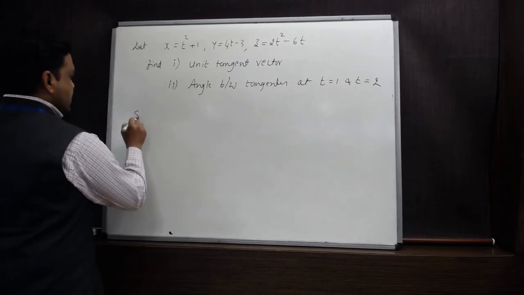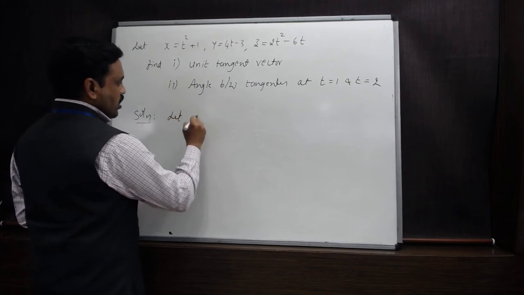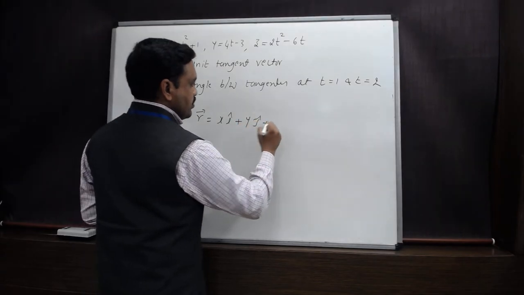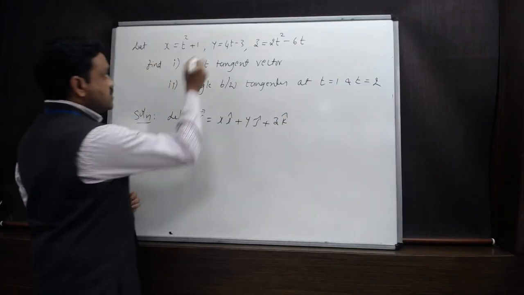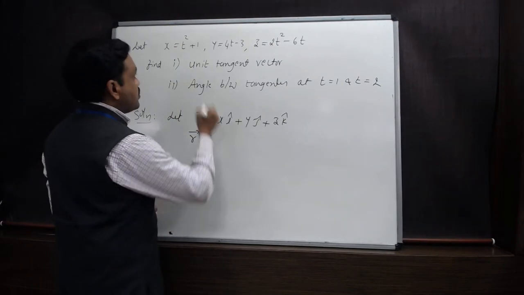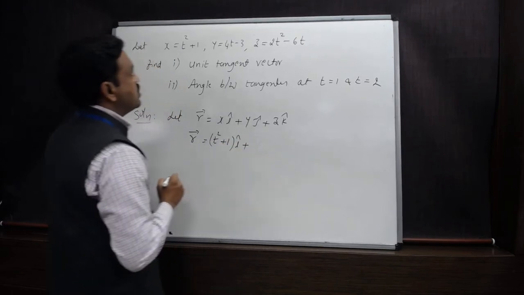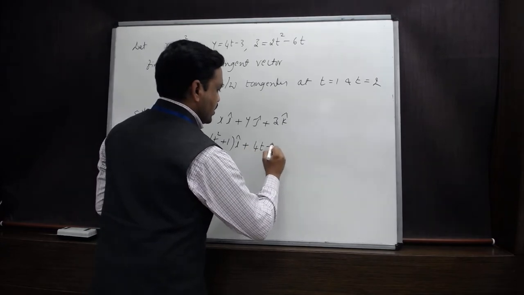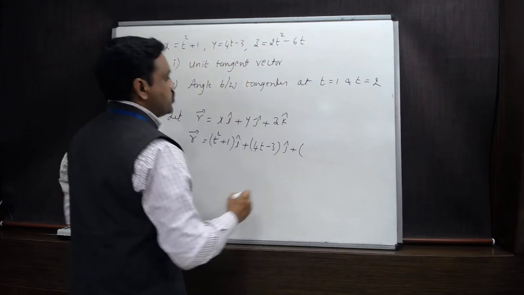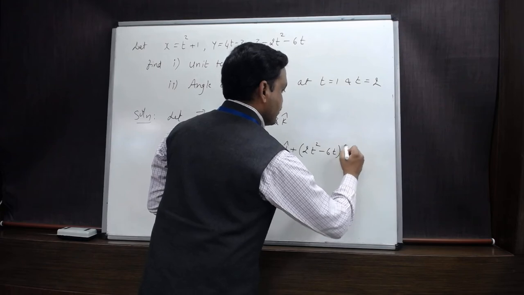First we have to consider the position vector. Let r equal xi plus yj plus zk. Since they have given the parametric equations for x, y, z, r equals t square plus 1 i cap plus 4t minus 3 j cap plus 2t square minus 6t k cap.